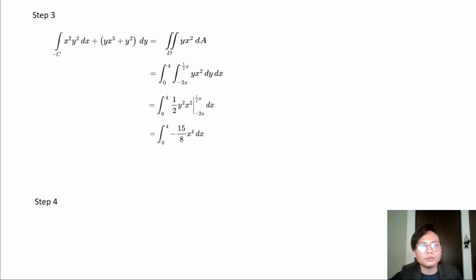So it will become the integral from 0 to 4 of negative 115 over 8 x to the power of 4 dx.